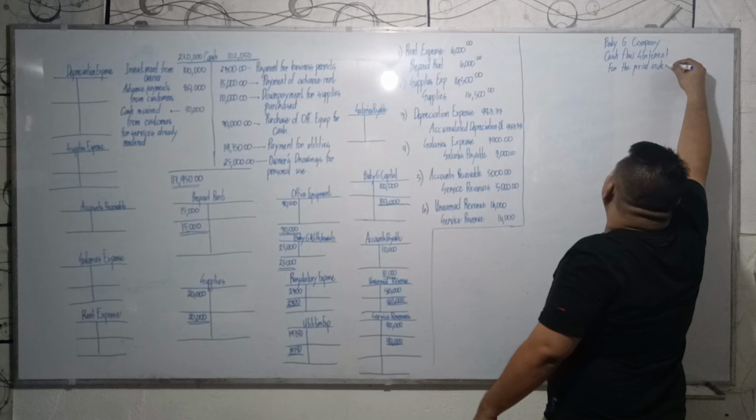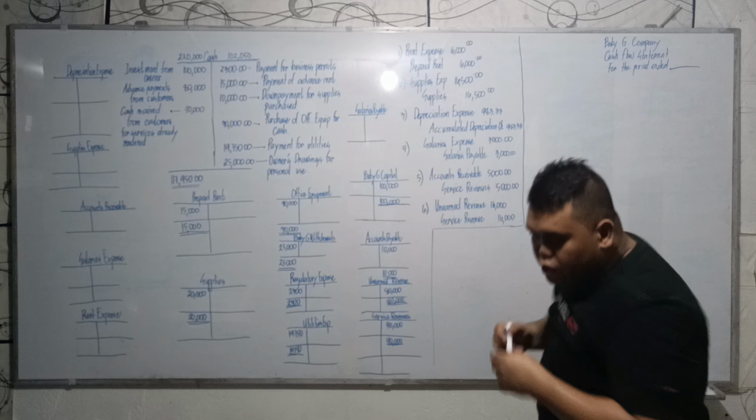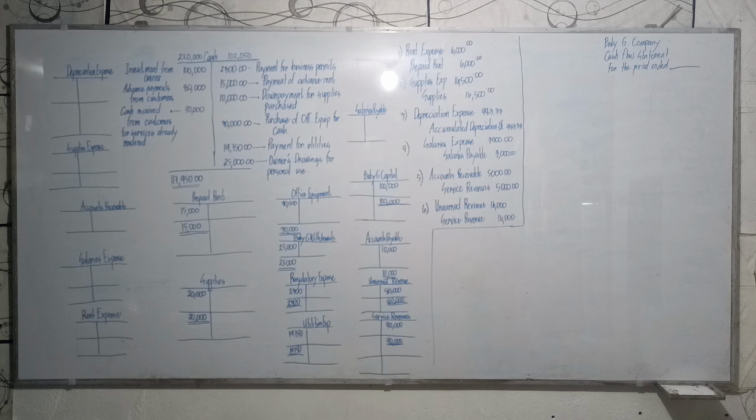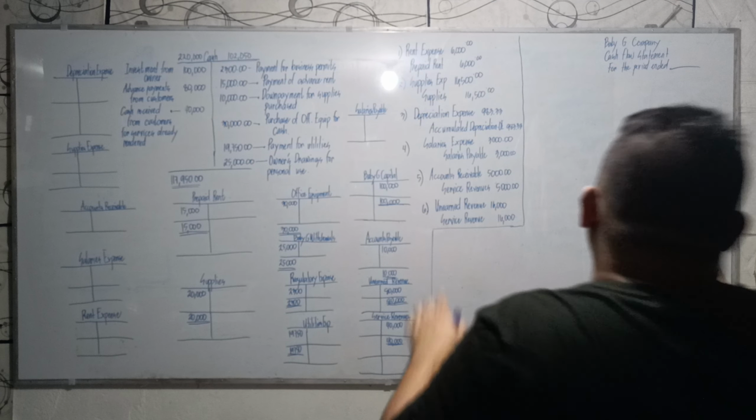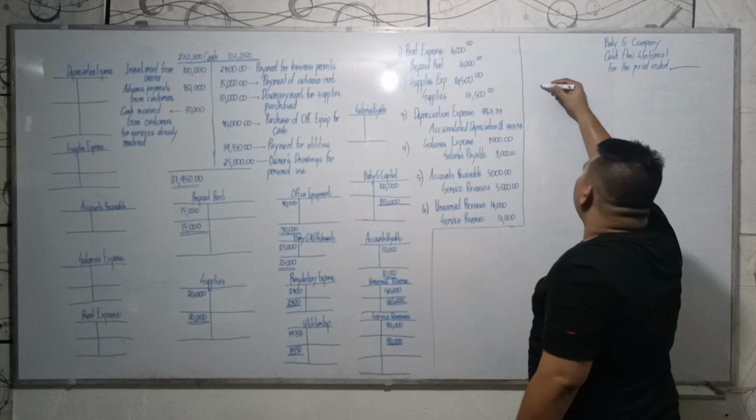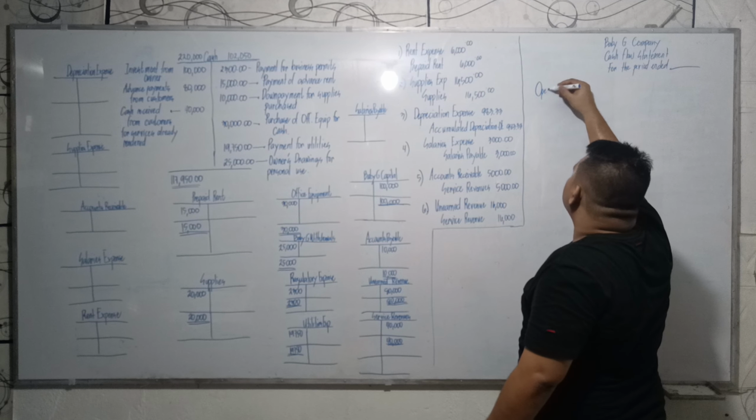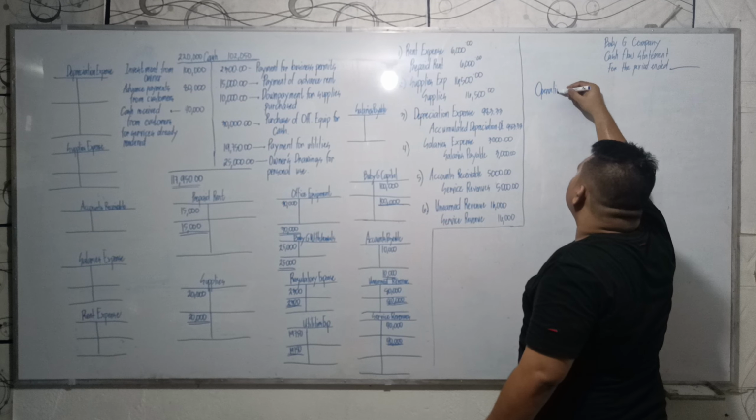And as I've said, it would be better if there is a logo of the company. Okay? So that the heading will be complete. Now, what's the first part? Of course, we have the operating activity section.